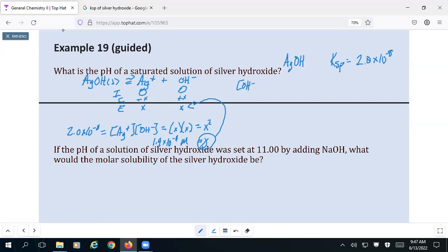So with the concentration of hydroxide at 1.4 times 10 to the negative 4th, we can calculate the pOH, which would be 3.85. Which would give us a pH of 10.15.